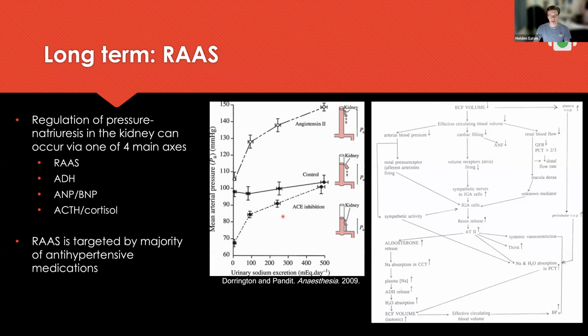In the middle, I've got some experimental evidence. Again, there's more details about this in the comments or in the notes section if you want experimental evidence to help your understanding. But essentially, it's just proof that artificially altering the renin-angiotensin-aldosterone system through adding either artificial angiotensin 2 or inhibiting the ACE enzyme, which converts angiotensin 1 to 2, either of those two changes will alter the shape of the pressure natriuresis curve.